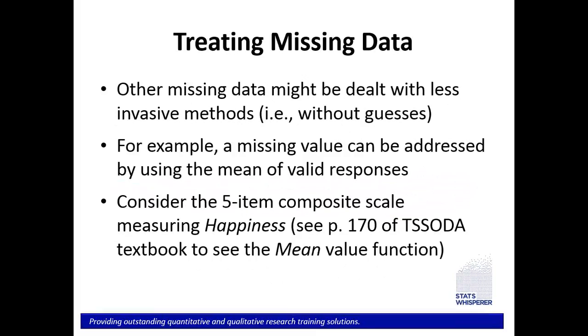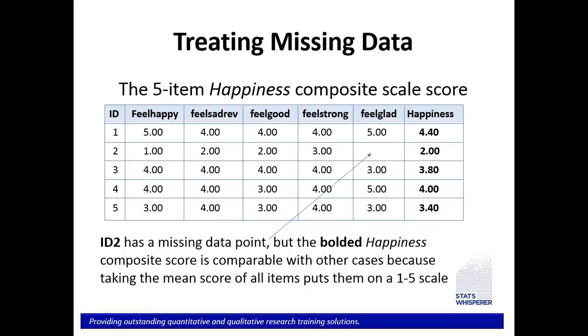And what that means is this: suppose we have our feel glad again, and that has our missing data point. Well, we could take the mean score of the valid items that are reported, and that would be sort of a trade-off.